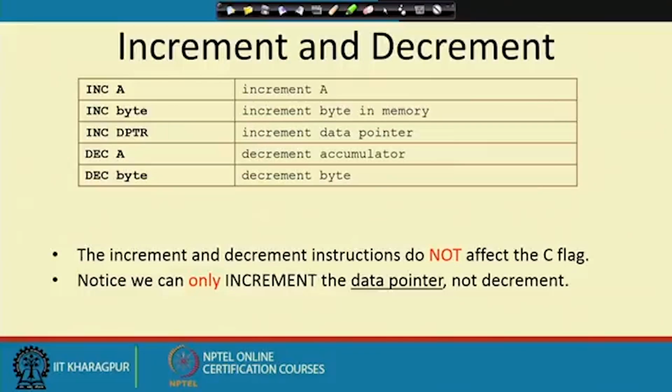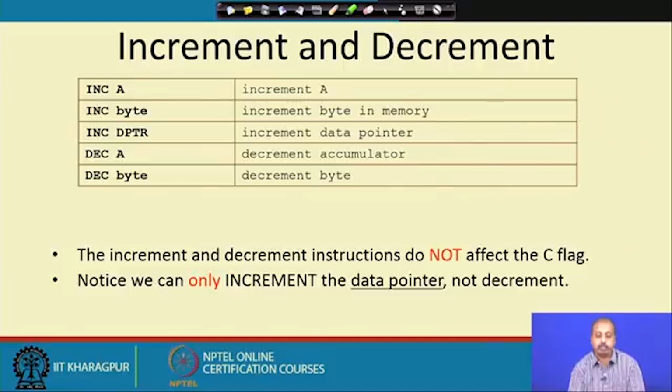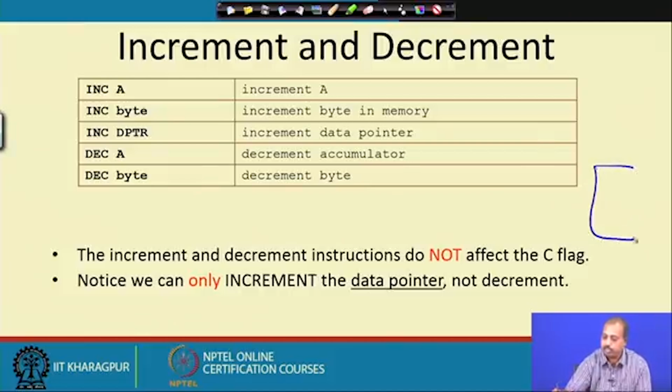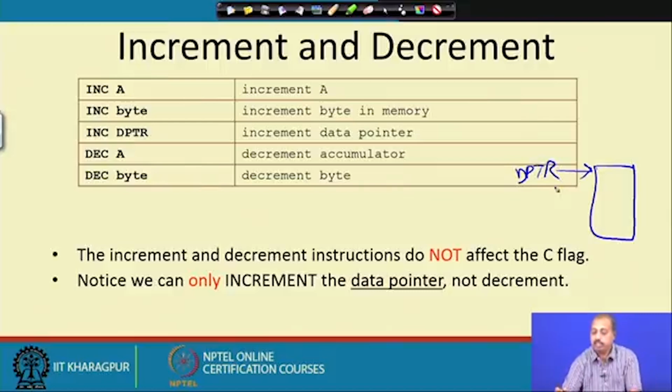Okay. Another interesting thing is that we can only increment the data pointer; we cannot decrement the data pointer. If you have an array in your external storage and DPTR is pointing to it, then for accessing successive locations you can increase the DPTR value, but if you want to go upwards, that is not possible.